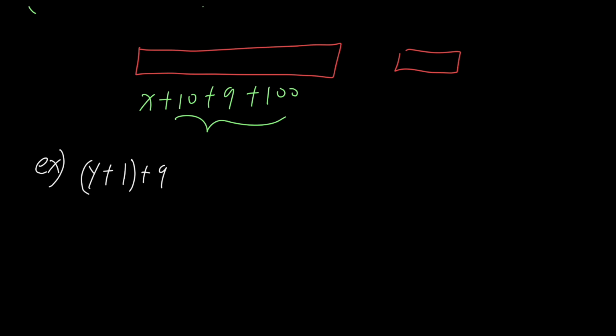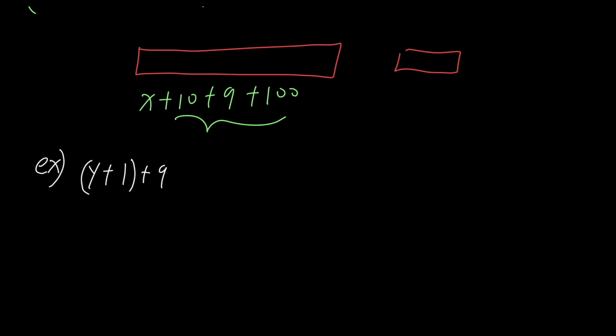To simplify it, we have to break this parenthesis, and we want to combine these two numbers because we just want one number at the end. That's why we call it simplify. We're gonna make this whole chunk shorter. But how do we do that?